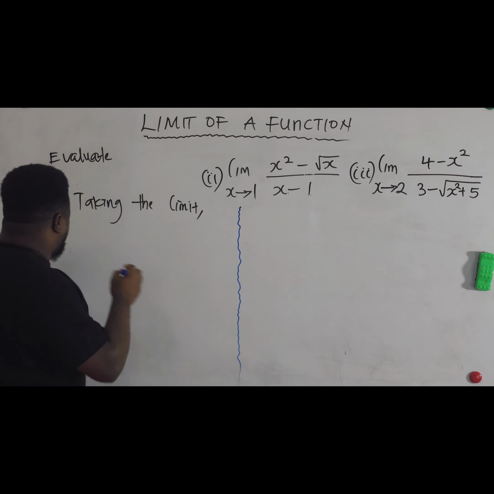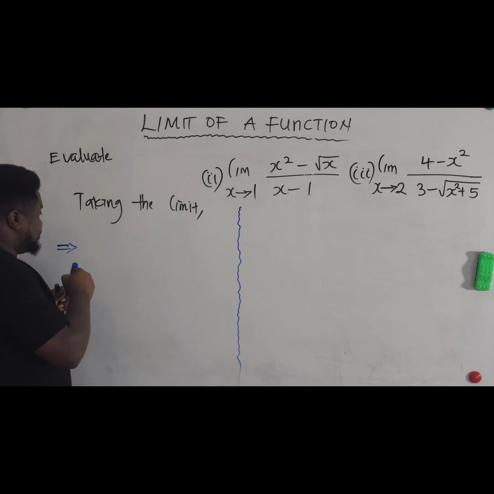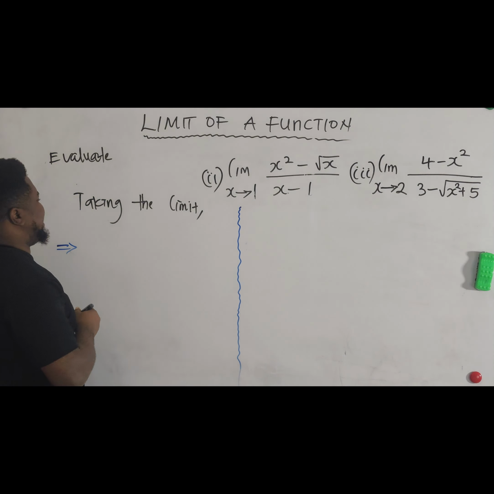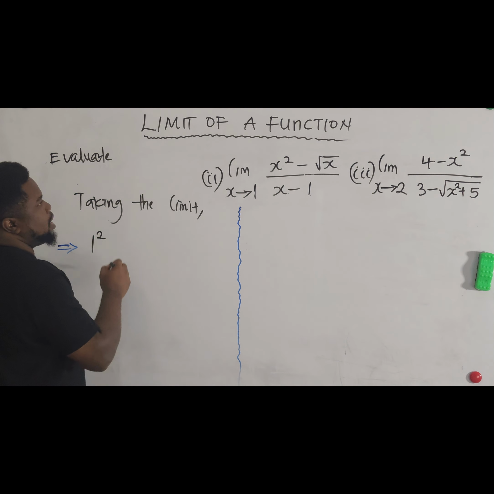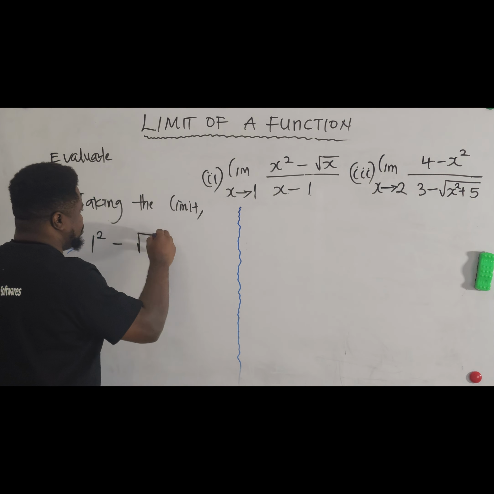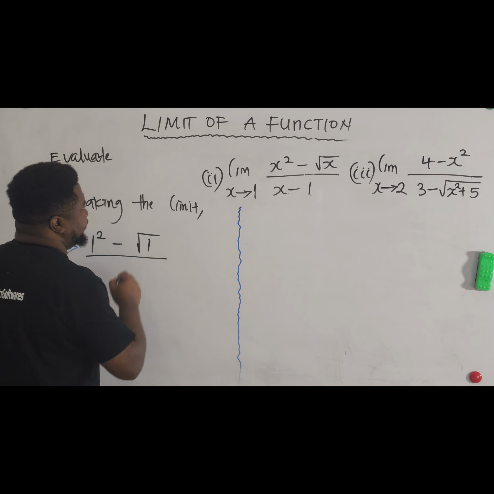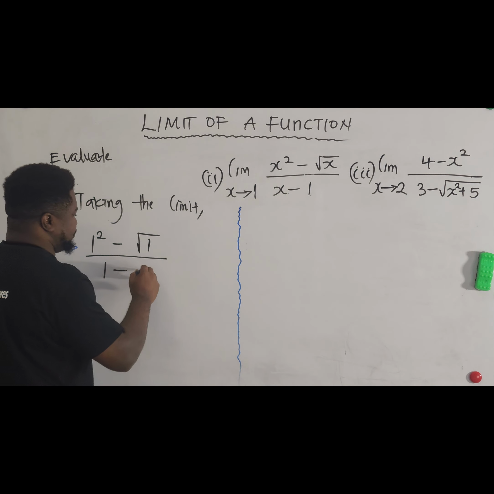Taking the limits, s becomes 1 everywhere. That will be 1 squared minus root 1 all over 1 minus 1.